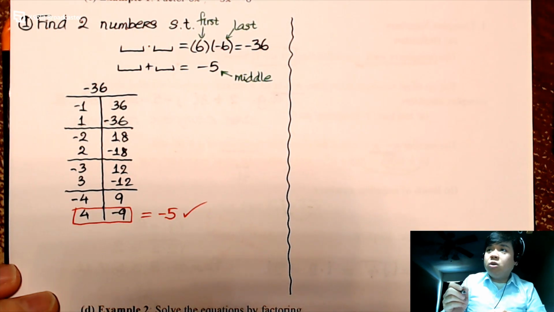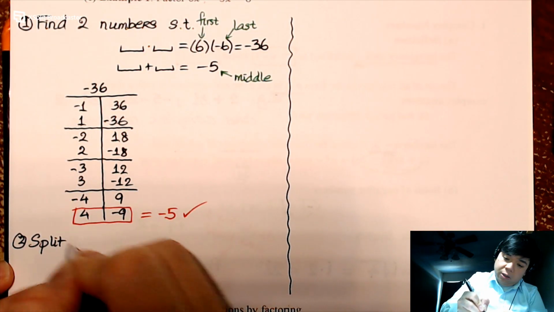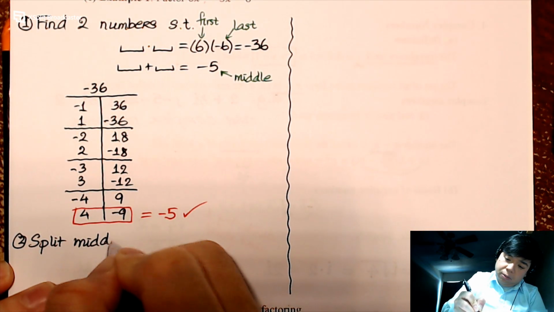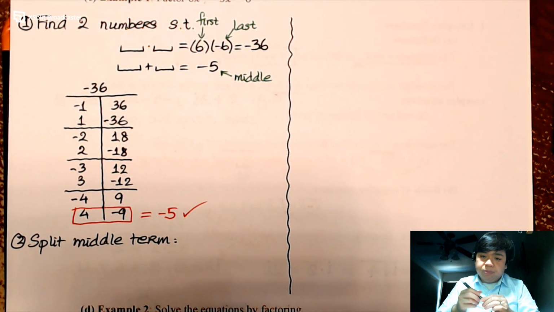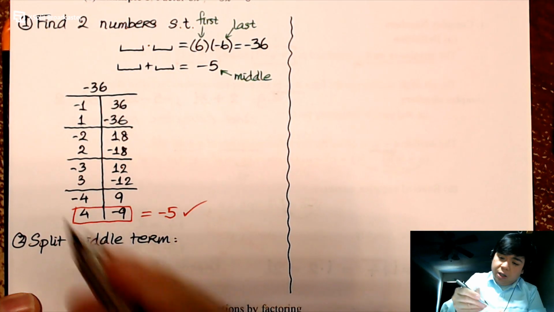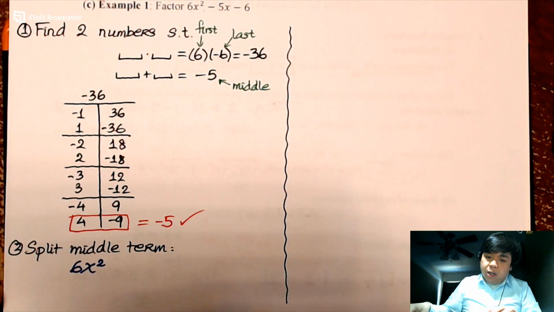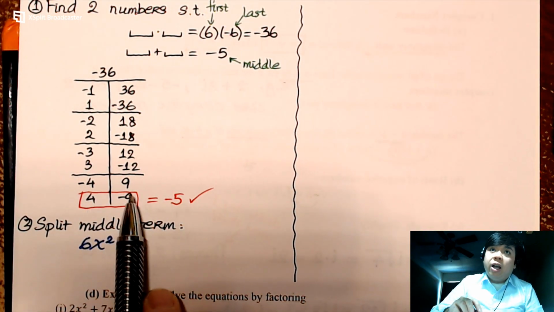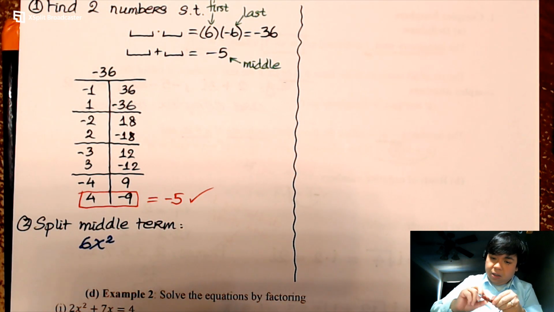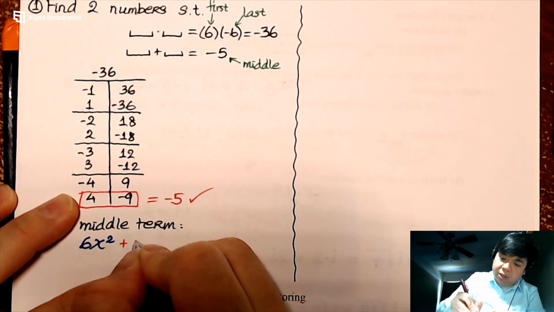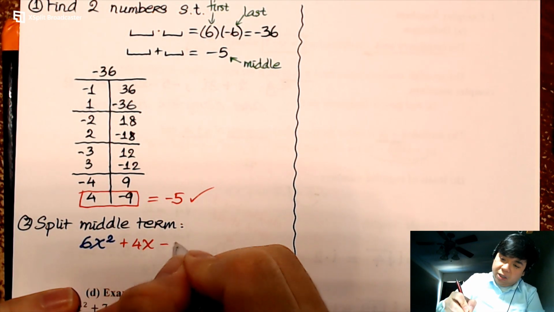Next, we split the middle term. So now the problem will become 6x squared, plus 4x and -9x, and then -6.